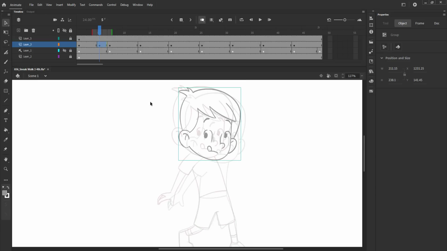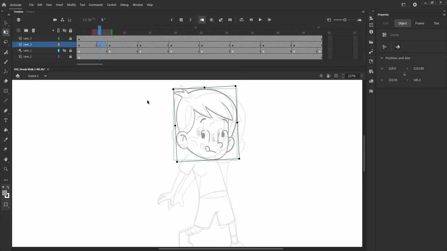We now draw the in-between for frame 1 and 7 on frame 5. Please follow the video.